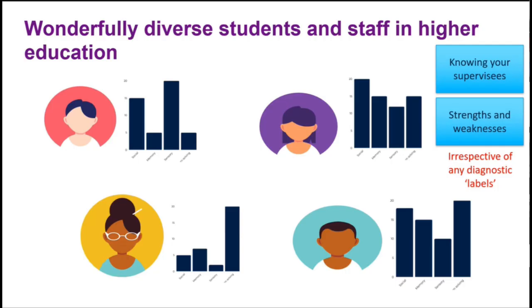So we can all think about our own profile of strengths and weaknesses. Some of us might have really exceptional memory skills, might be able to really hold lots of information in mind for a long period of time. We might be particularly detail focused and really great at being able to pick out specific differences in information.